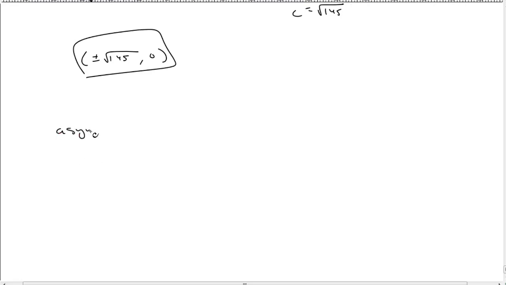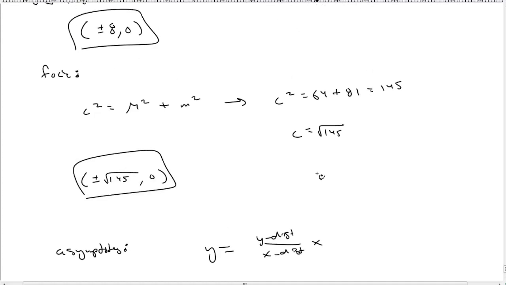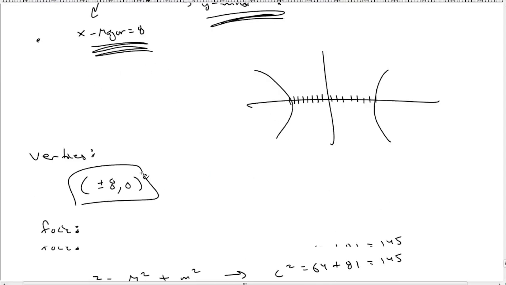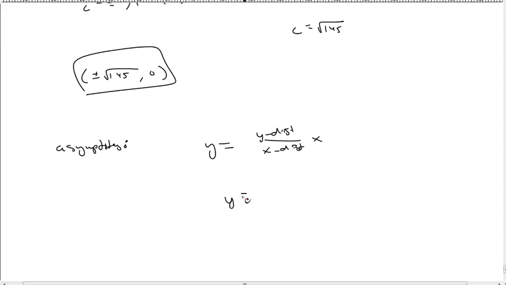And then finally, my asymptotes. Remember that it's going to be my y distance over my x distance. And so if you look back at the major and minor, we got my y distance and my x distance, 9 over 8. And so this ends up being very quick, 9 over 8 x.